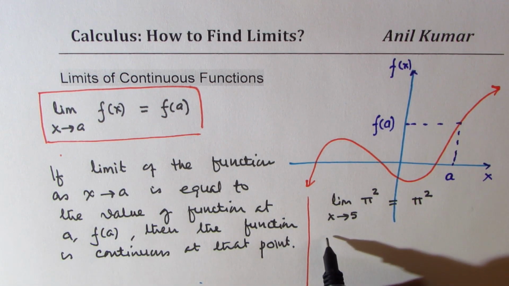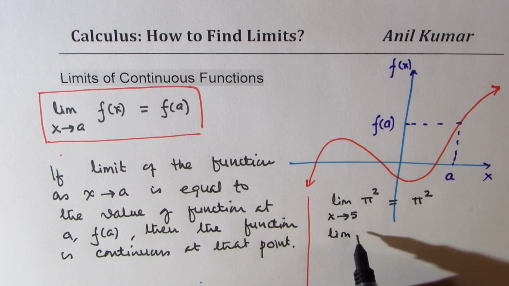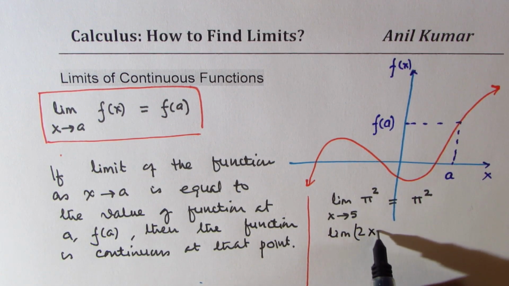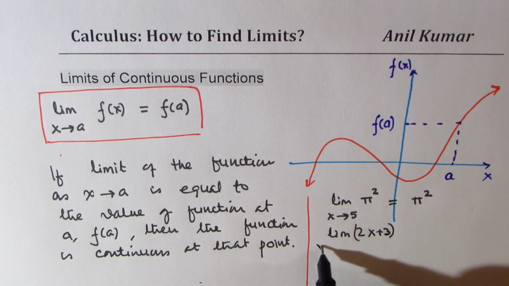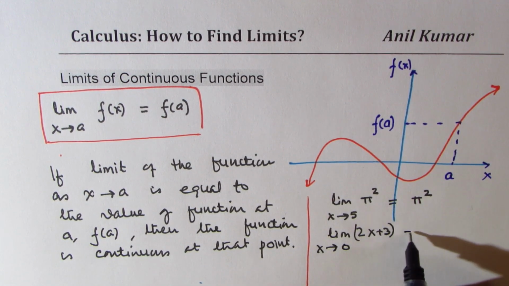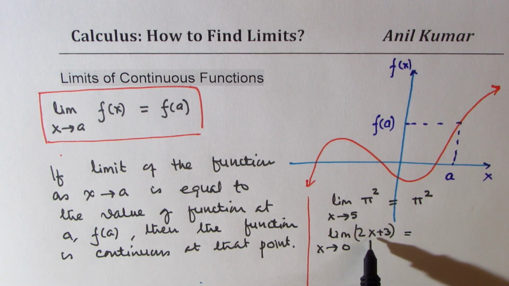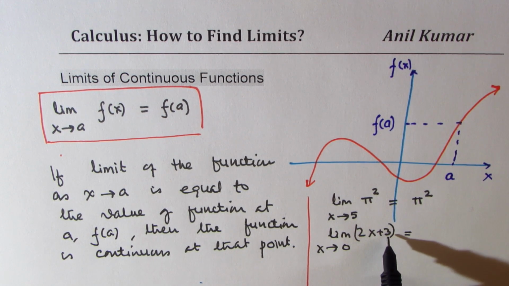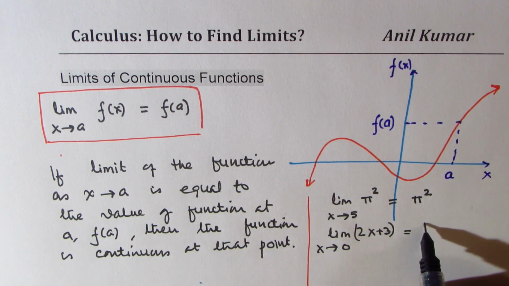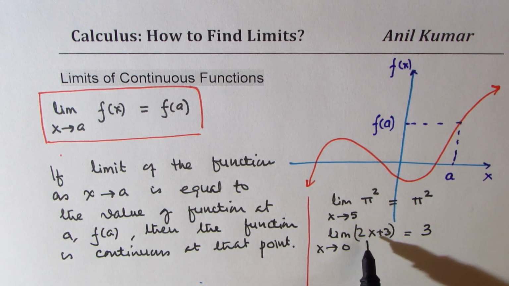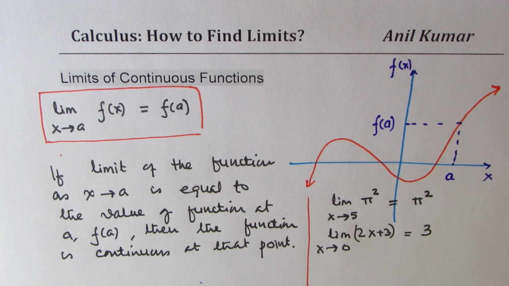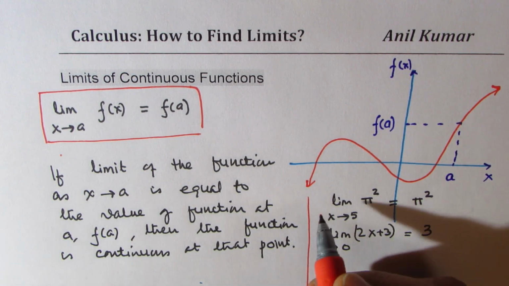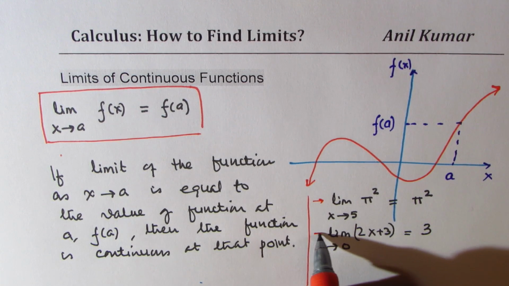Or you could have an example something like this, limit of let's say 2x plus 3 when x approaches 0. So for this function, if I substitute 0, I get the value 3, right? So this is equal to 3. So just substitute the value and calculate. That's what you learned, right? So these are two examples.